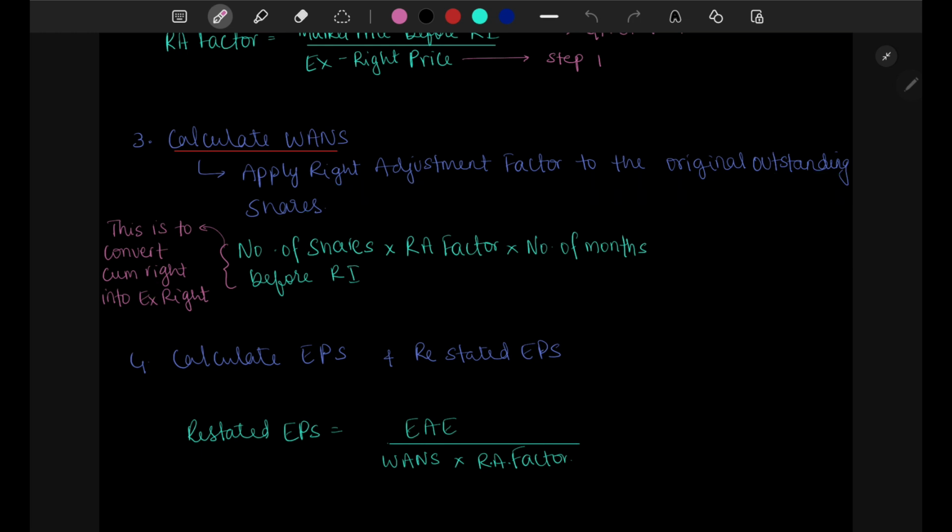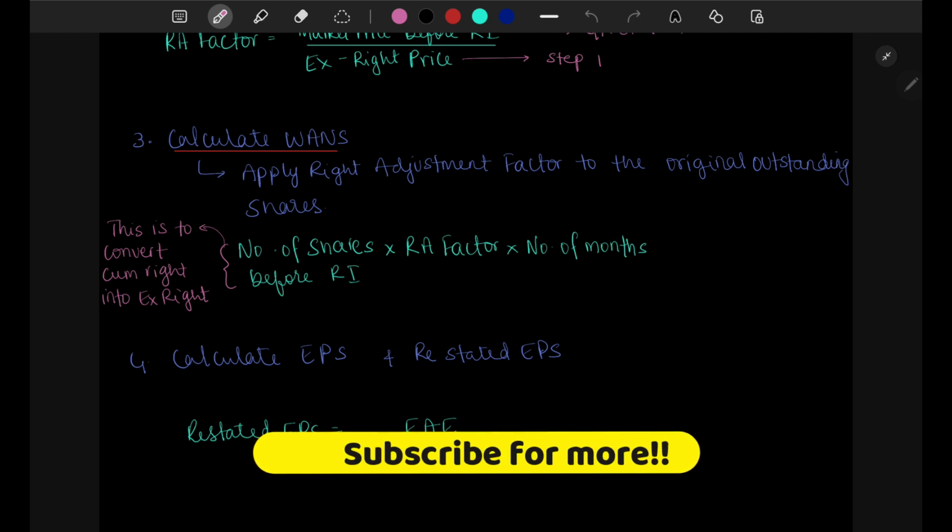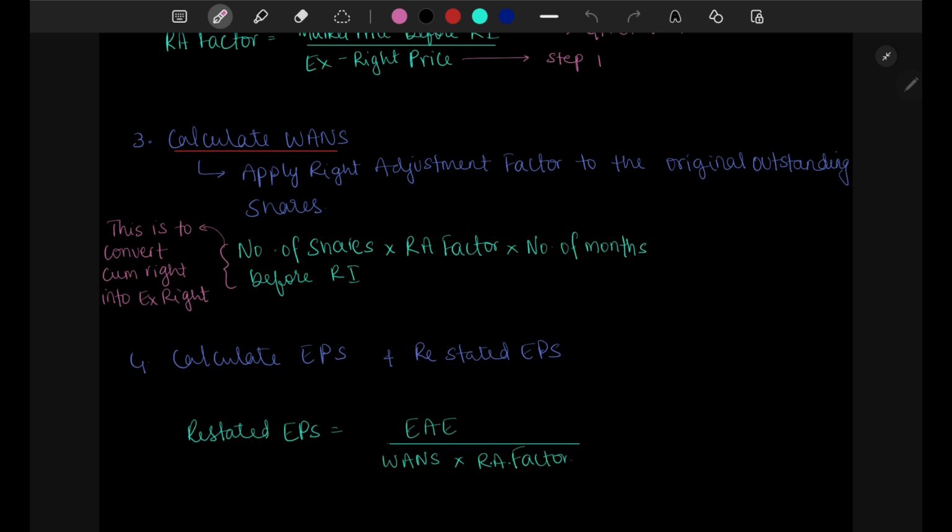Next, number of shares before right issue into the RA factor into number of months it is outstanding. Then you'll get the weighted average number of shares. Obviously along with this you will have to do the original plus right issue into number of months.